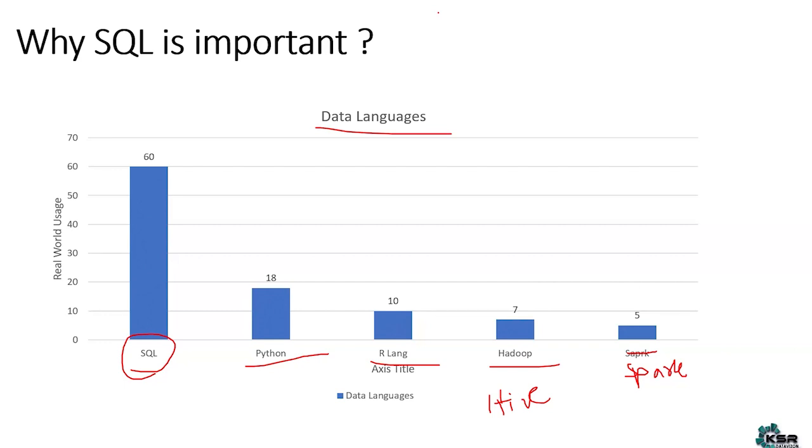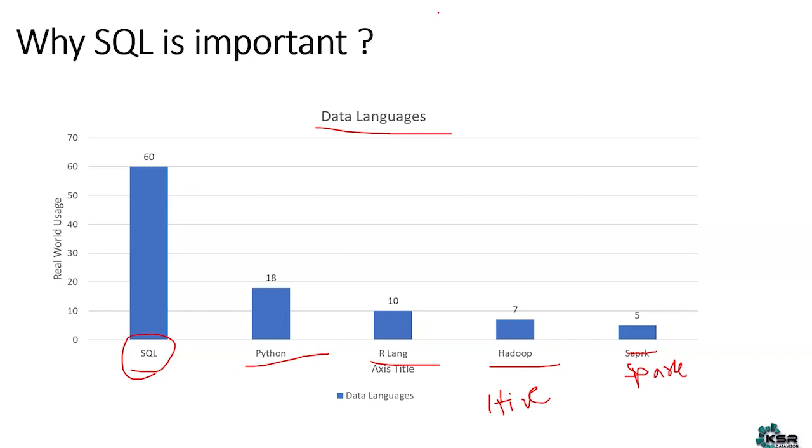Why? Because SQL has many advantages compared to any other data language which can be used for communication with the database. SQL is the fastest. SQL is the best mode of communication. Now, you might like a certain language. You're staying in India, you might like your own mother tongue. But there are also many other languages which you can use to communicate.